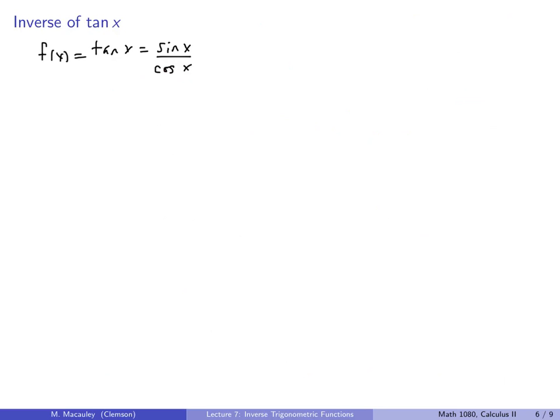So this is not defined at x equals plus or minus pi over 2, and then every integer multiple of pi more or less than that, but right now I'm not concerned about that.